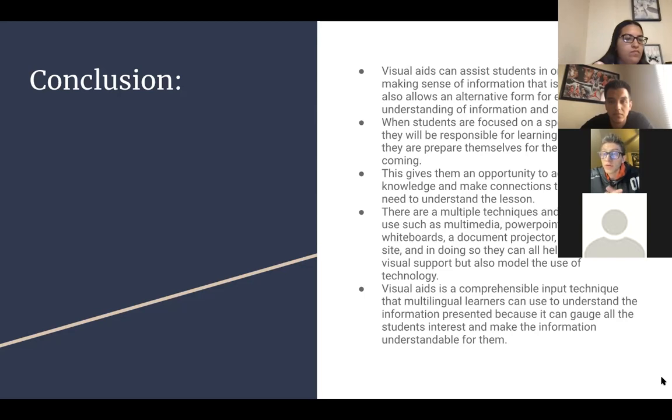Visual aids are a comprehensible input technique that multilingual learners can use to understand the information presented, because it can gauge all the students' interests and make the information understandable for them. And that is it. A very good thing to keep in mind overall with our driving question is that we really want to make sure our students are acknowledging their backgrounds, their culture, and their native reactions to the learning.